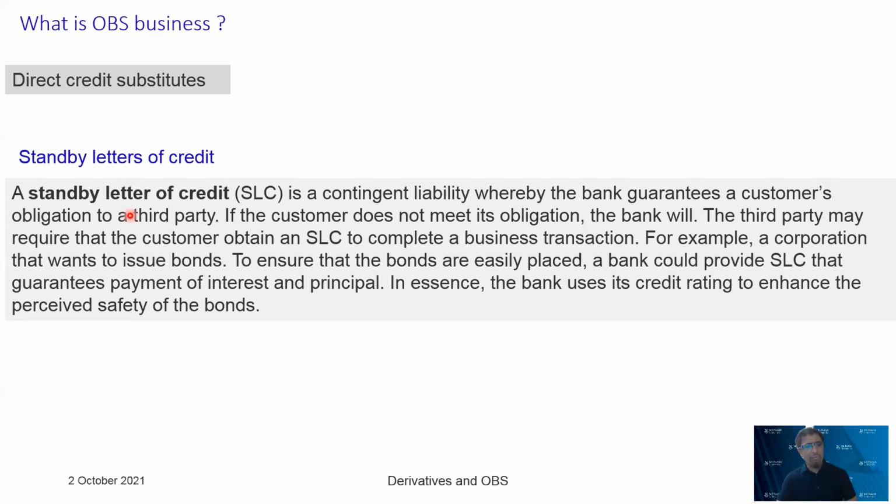Now, when we say standby letter of credit, maybe your mind will go to a letter of credit, which is actually for international trade. No, this is only a guarantee. Deal with it as a guarantee.